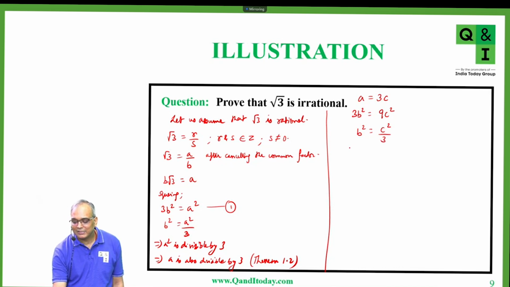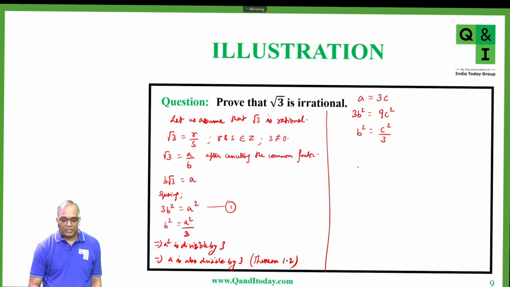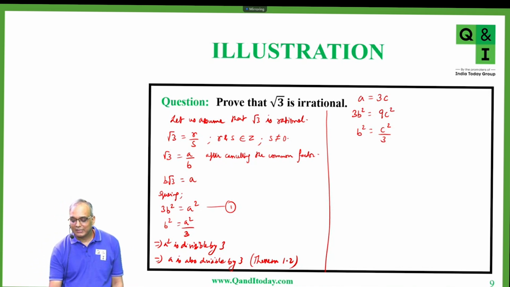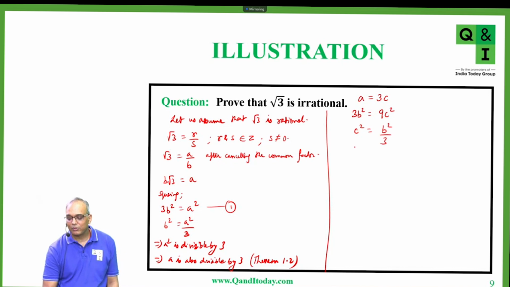So here we have got that a is divisible by 3. Now we have c square as b square by 3.